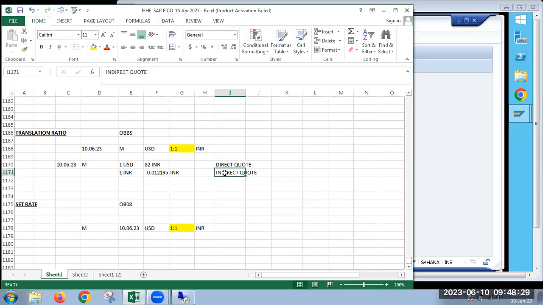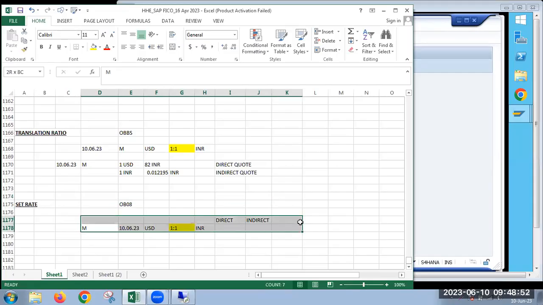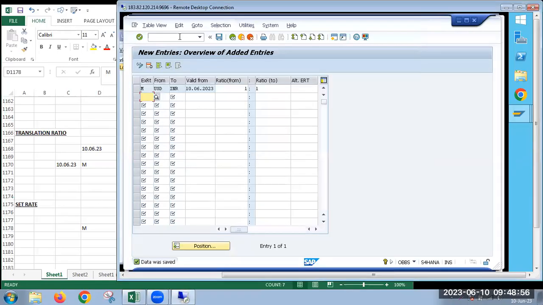It's up to our convenience. We have to specify the rate. It can be direct or it can be indirect. In multiples of 1, the system will convert the value to the other currency. OB08 will set up the rate.